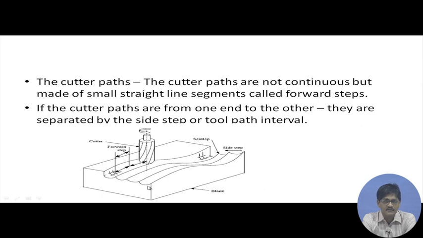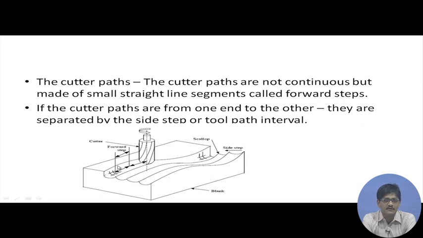The designer definitely must not have had these small scallops or upraised portions all along the surface. Yes, this was definitely not designed, and this was definitely not part of the design surface, but still you cannot avoid it, because the cutter while moving through will definitely produce these grooves.